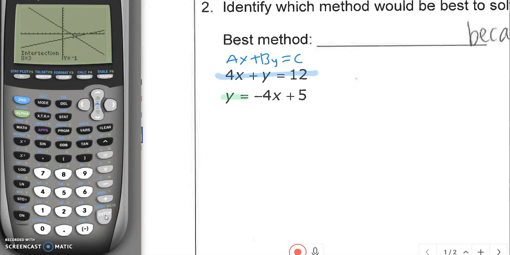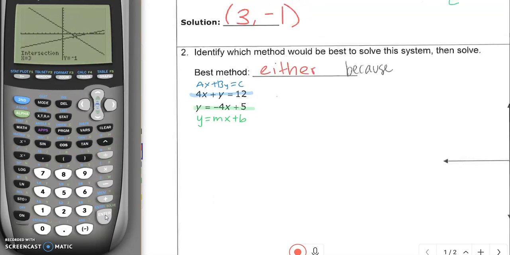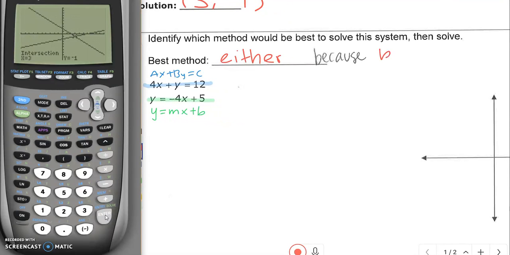But my second one is in slope-intercept form, y equals mx plus b, which lends it best to graphing. So you can do it either way, because both have solving to do. It doesn't matter.